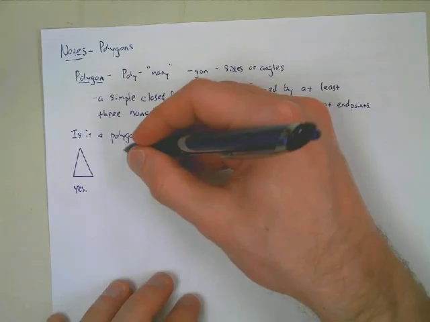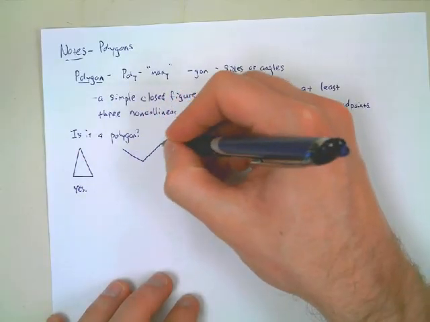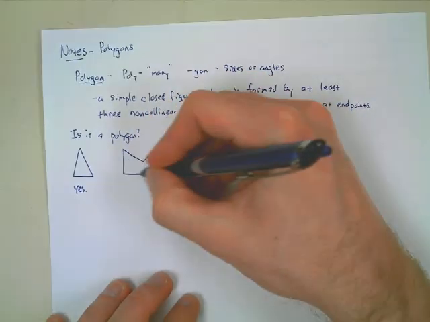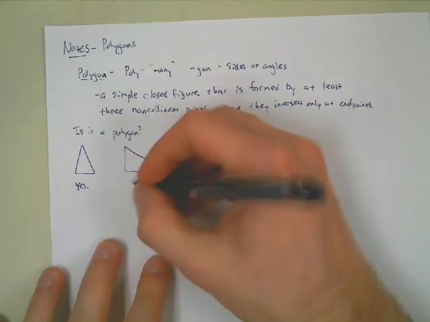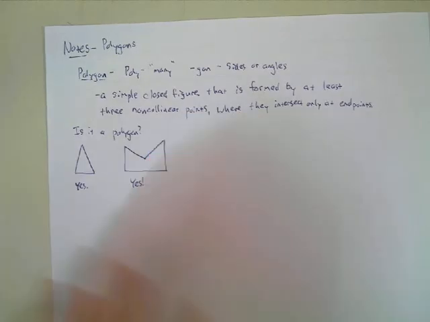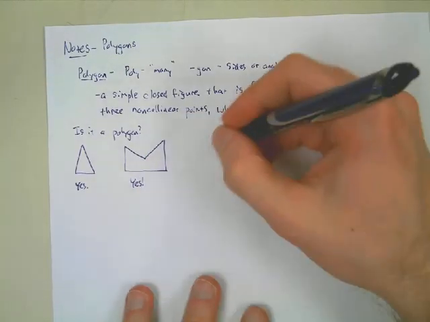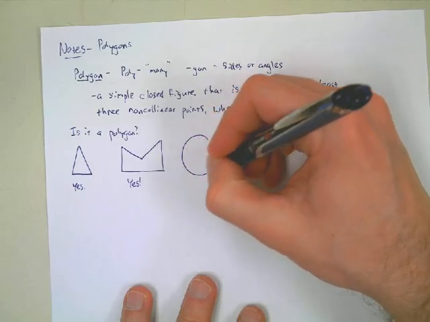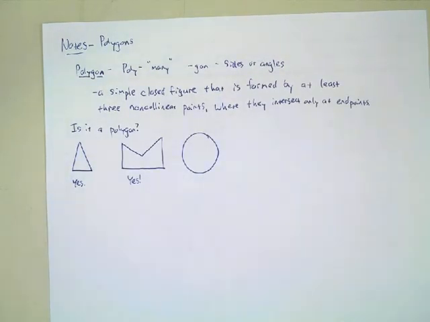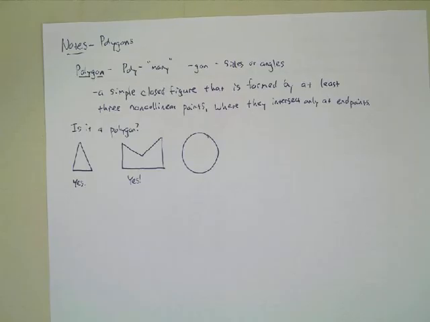Is this shape a polygon? Yep, that's a polygon, no problem. Okay. Is this shape a polygon? It's supposed to be a circle. Is a circle a polygon?